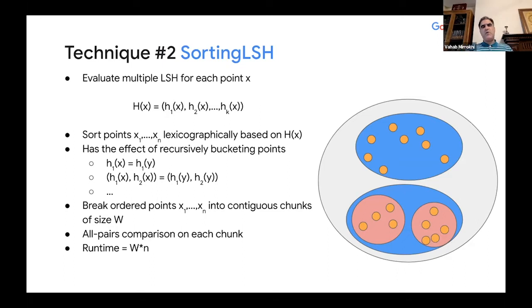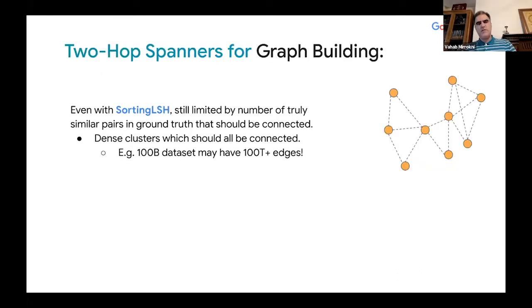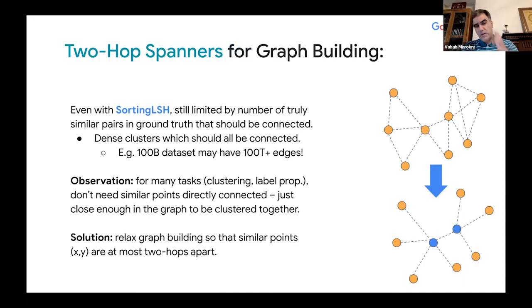But one thing that we have done recently, and we see big advantages of using, is what we call two-hop spanners in building graphs. Even when we use sorting LSH, we can have big buckets, and in order to capture a good coverage, we may end up computing many pairs.